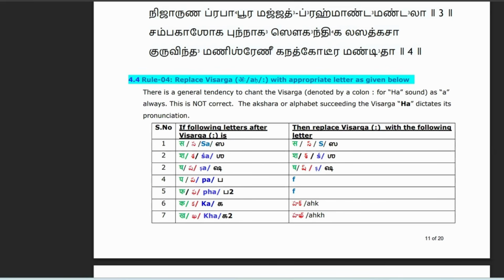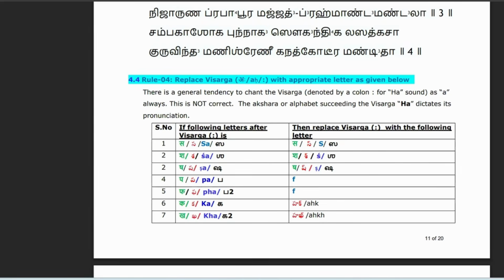The Visarga sound h changes based on the letter that follows the Visarga. If you see the table here, the first column talks about the letter that follows Visarga. If you see a letter S after the Visarga, then the second column tells you what the Visarga sound changes to. So we won't say H. If you see an S next to Visarga, the Visarga sound becomes S.